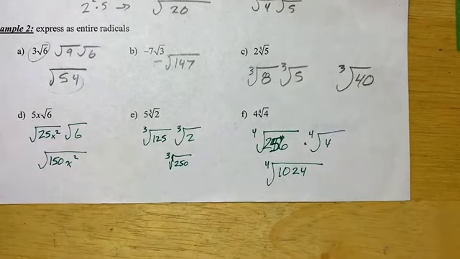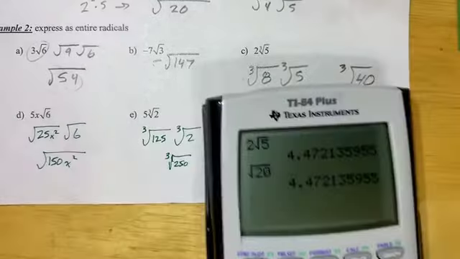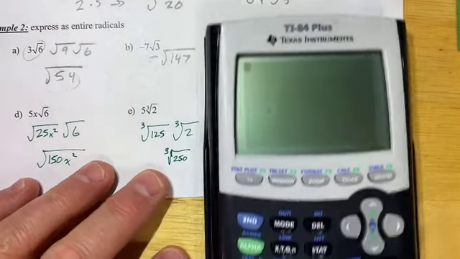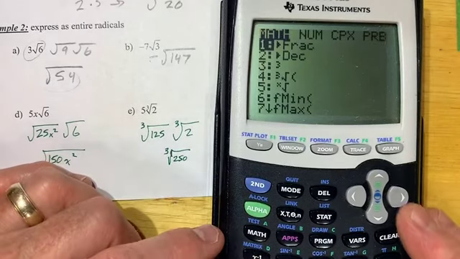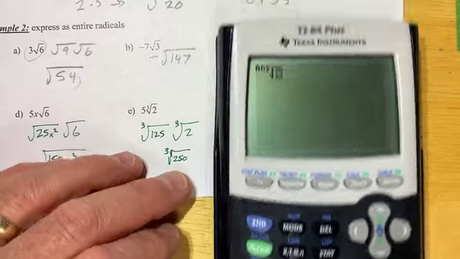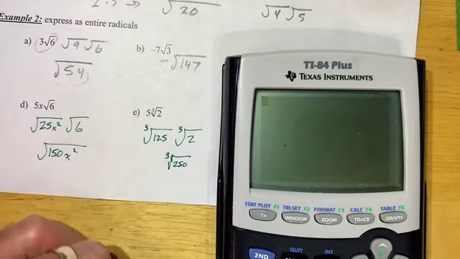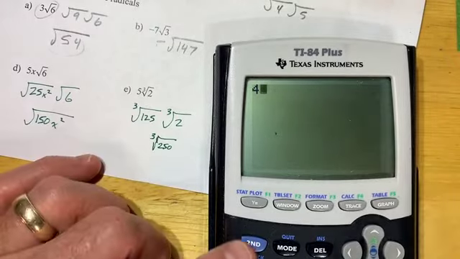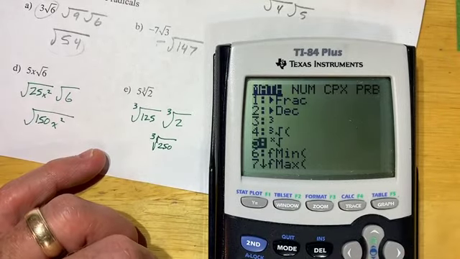Hang on, is that right? Here's how I can check it. How do I do a 4th root on my calculator? If I go to math and it's down here, it's this one. Oh, but hang on, I have to put in the 4 first. Okay, so here we go. 4, and then math down to here. There we go.